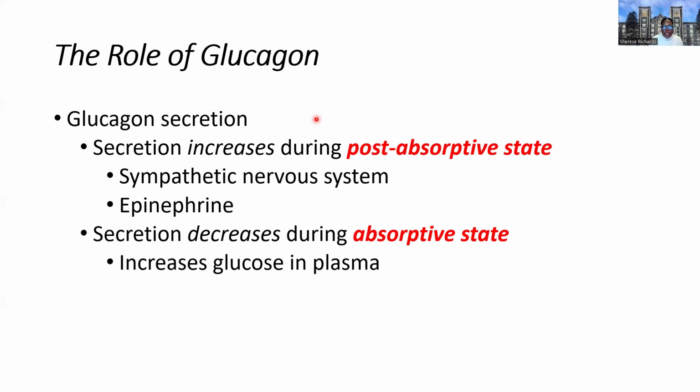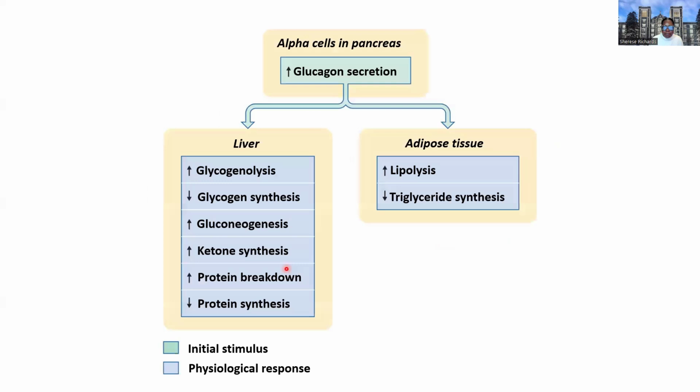Another trigger will be a decrease in the absorptive state. An increase in glucose in your plasma will actually turn glucagon off, if you have glucose coming into your GI tract, glucose being absorbed into your plasma, or if you are in the fed state.